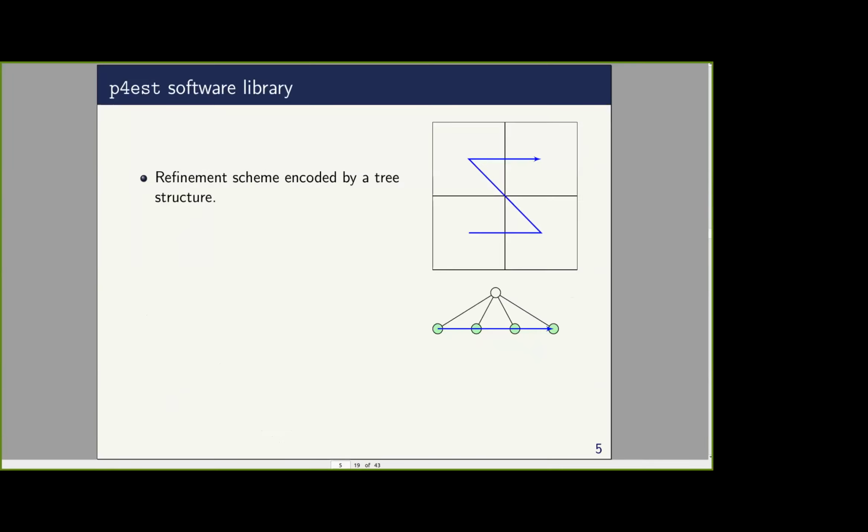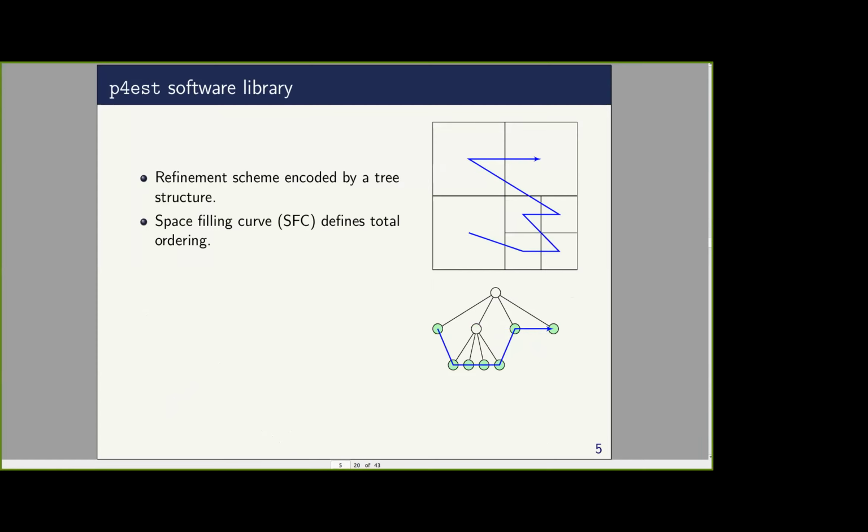The library we use to do that is called p4est, which is a library based on the idea that a refinement scheme or a mesh can be encoded using a tree structure, and a space filling curve running over the leaves of that tree defines a total ordering of the elements of the mesh, as you see to the right.